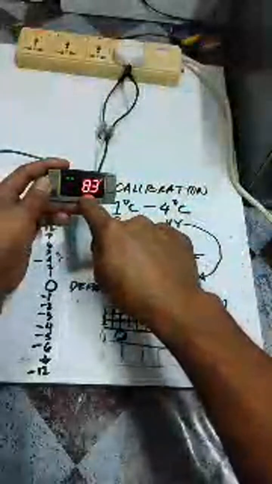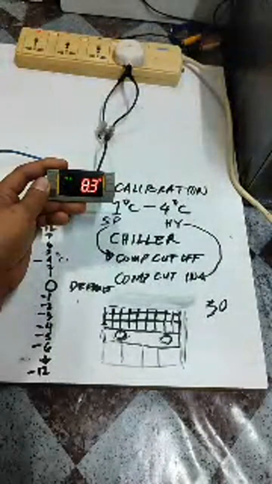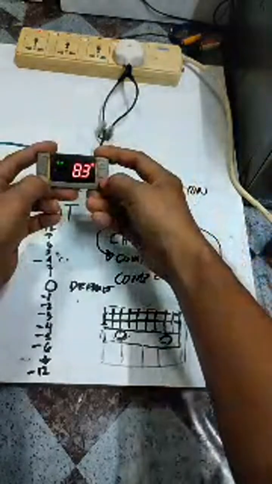If I'm going to put 4 here, so 8.3 plus 4, because we're going to add the temperature in the cabinet, or on the top deck. Okay, so 8 plus 4 equals 12.3. Okay, let's do that again.